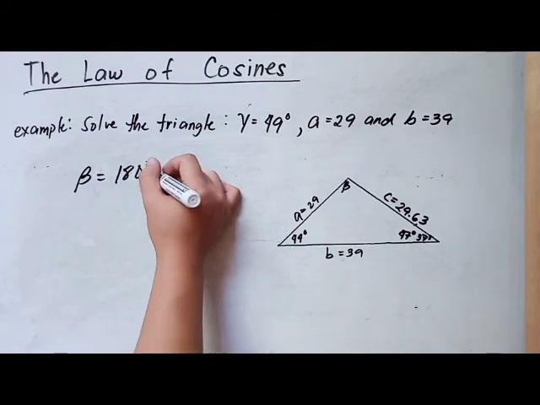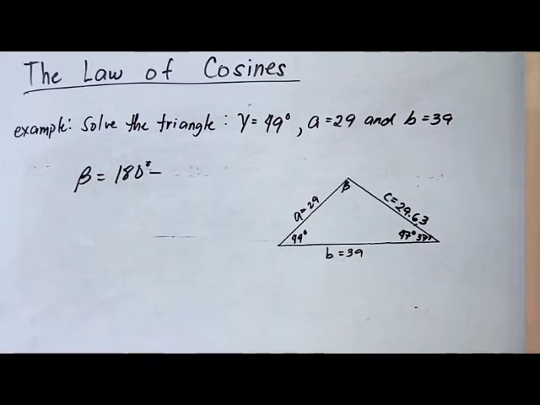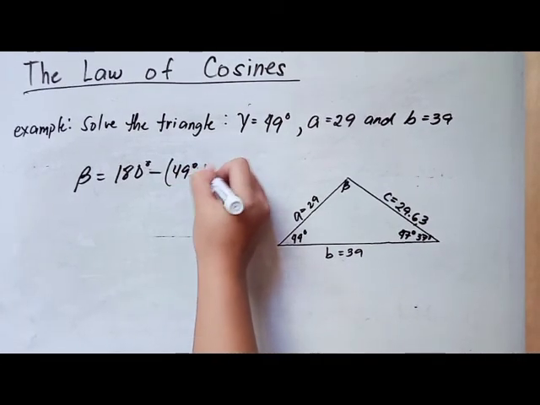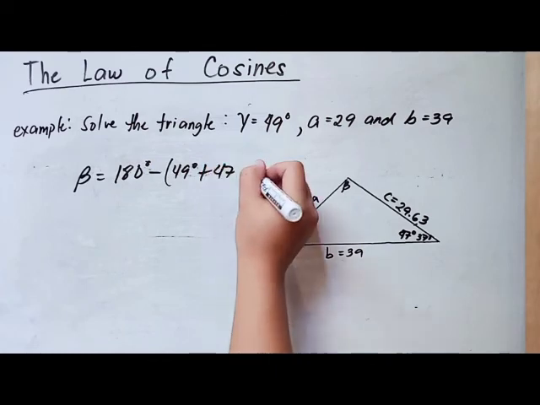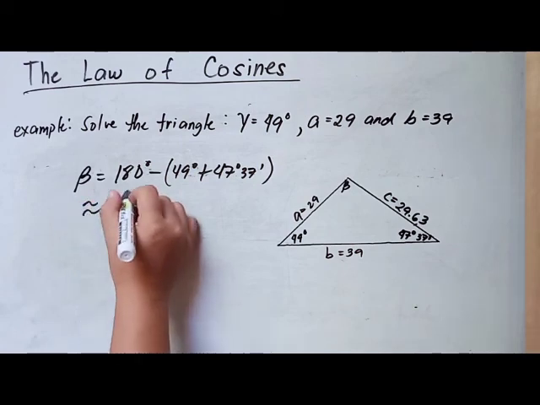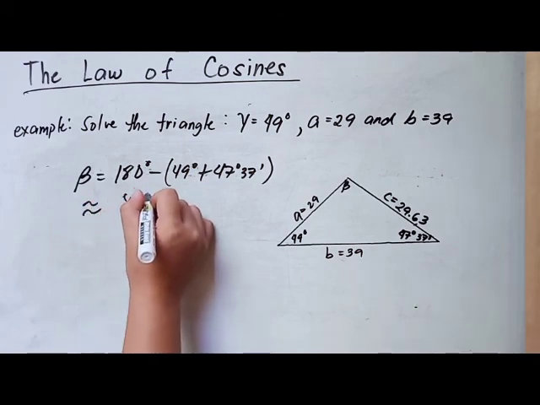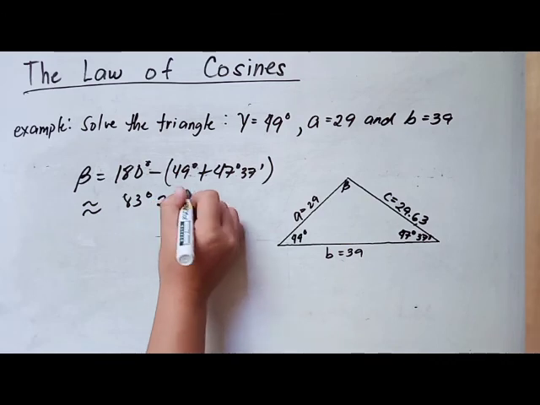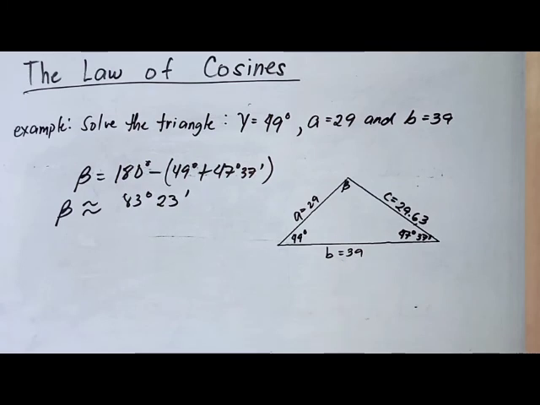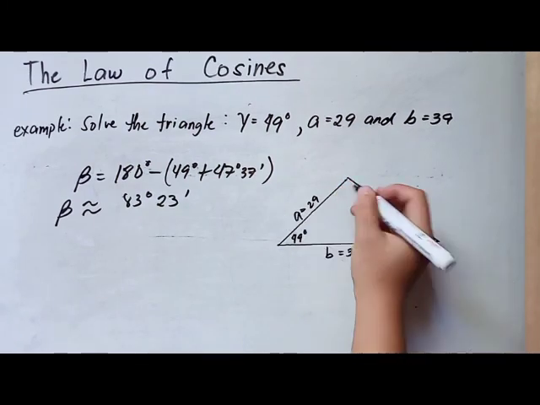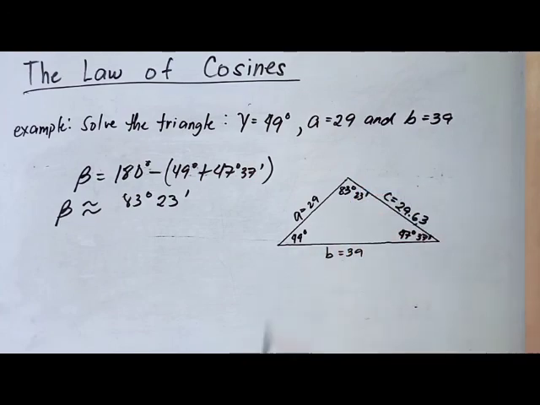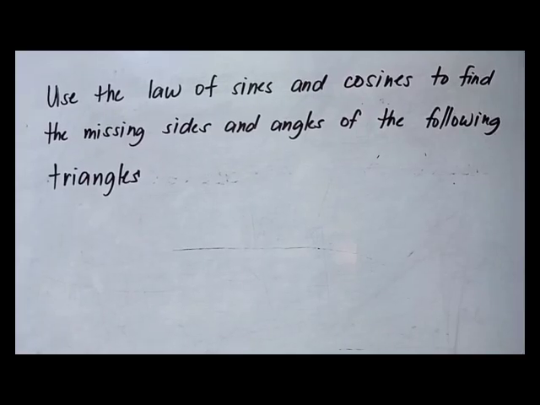So that is 180 degrees minus 49 degrees plus 47 degrees 37 seconds, and that is approximately 83 degrees 23 seconds. So that is now our beta. So kompleto na yung measurements ng ating triangle.